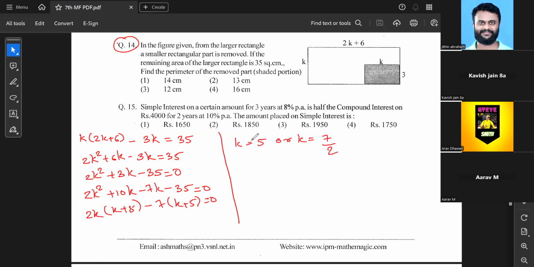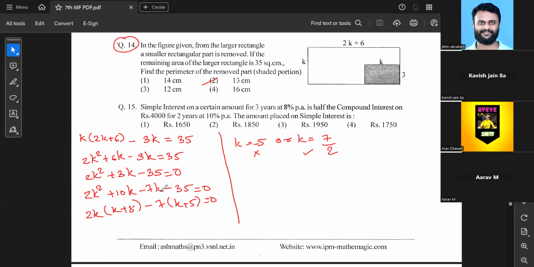K is equal to minus 5, I'm going to ignore because it's a negative value. K is equal to 7 by 2, I'm going to consider. So when I put k is equal to 7 by 2, that is 3.5, 3.5 plus 3 is 6.5. Its double is 13. 13 will be the perimeter. So once I find k, it's very easy for me to find the perimeter of the removed part. This is one method.